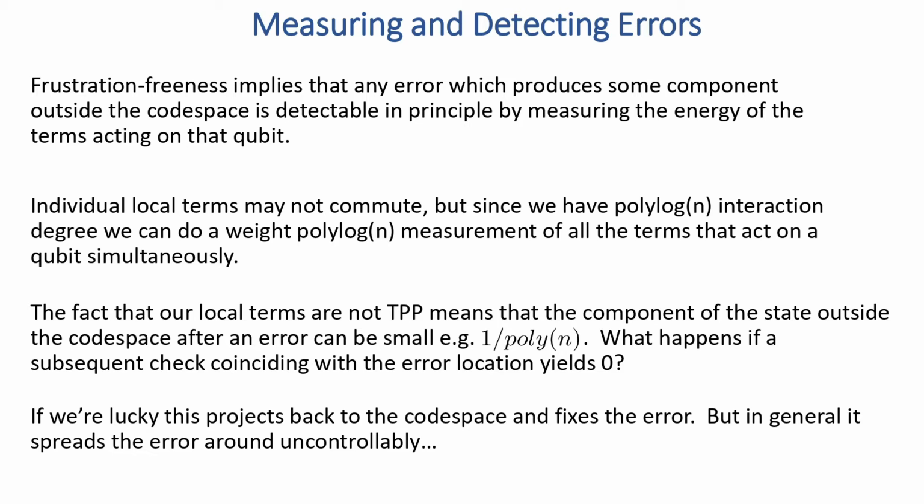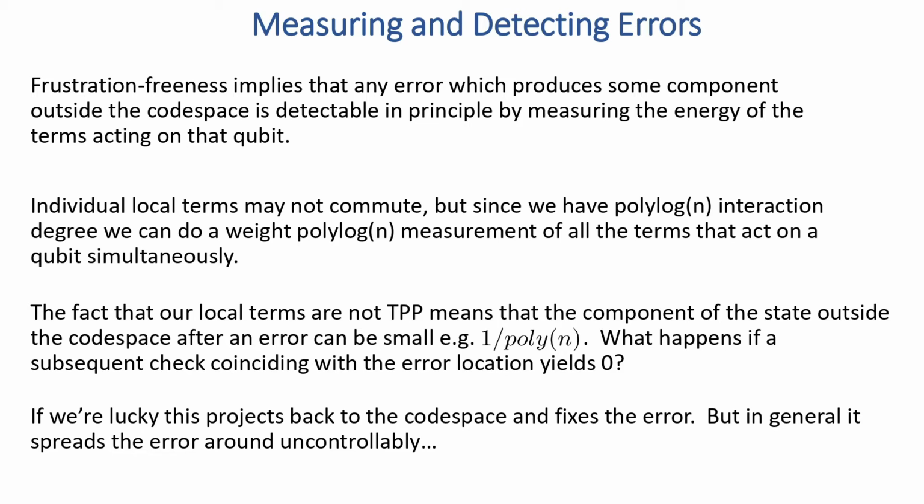Okay? But the fact that our local terms are not TPP, not tensor products of Paulis, means that the component of the state outside the code space after an error could be much smaller.